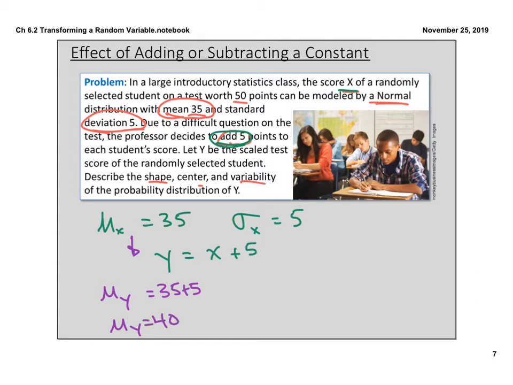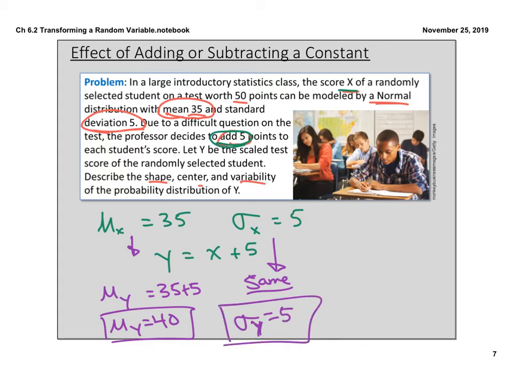So the mean of Y is going to be 40. The standard deviation, however, stays the same. So the standard deviation of Y, sorry, put the wrong symbol, my standard deviation of Y is going to stay 5.